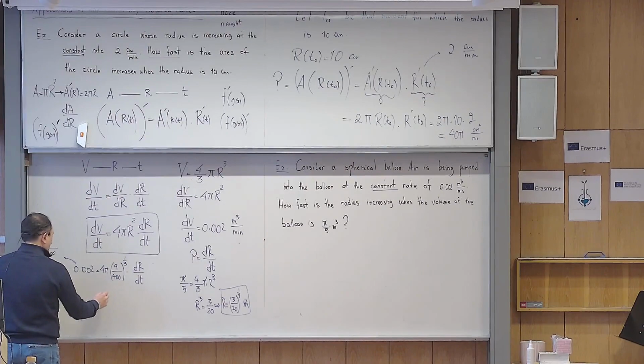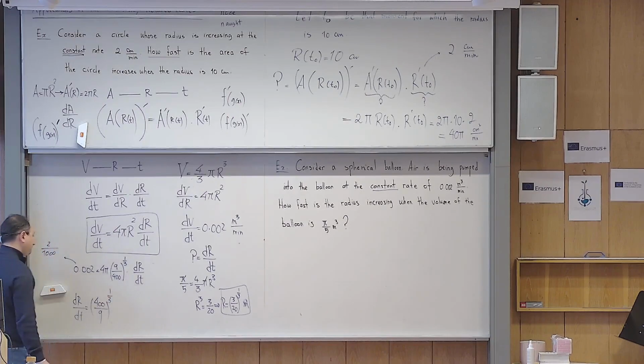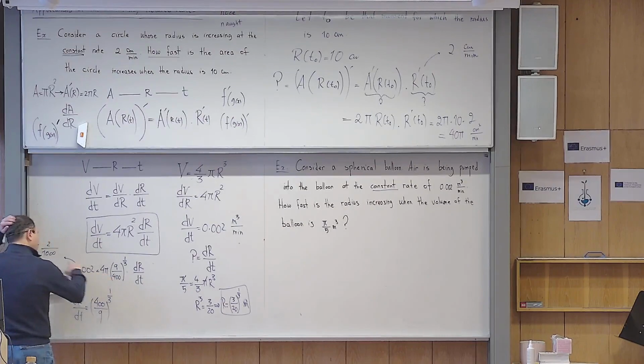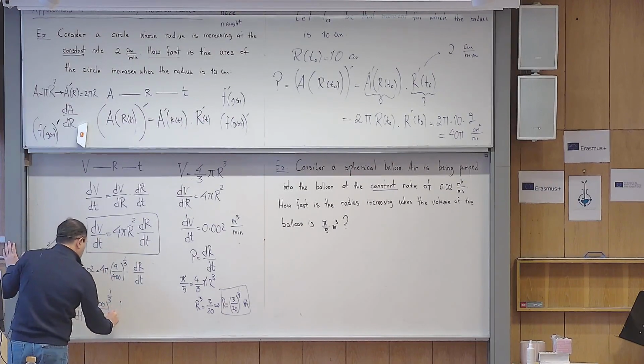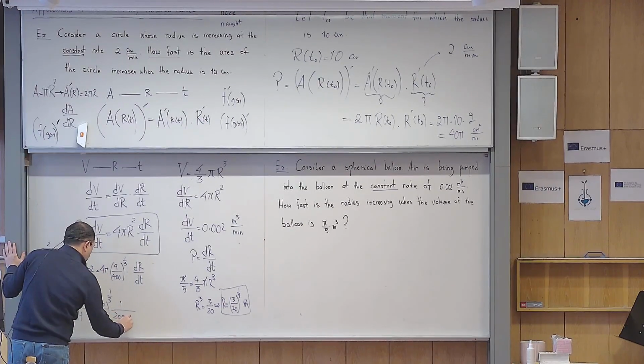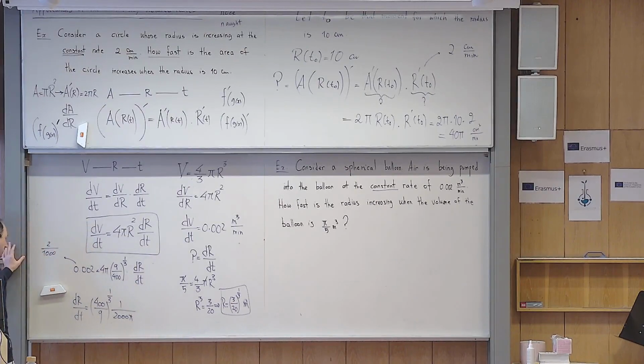So it becomes (400/9)^(1/3), and then this goes down, it becomes 1 over 2000π. It's 1 over 500. 4π goes down. So that's correct. That's also correct.